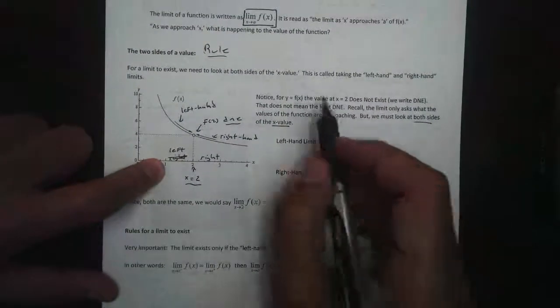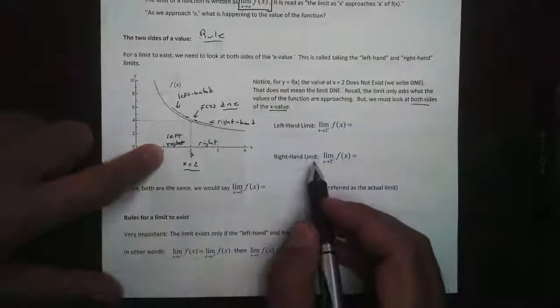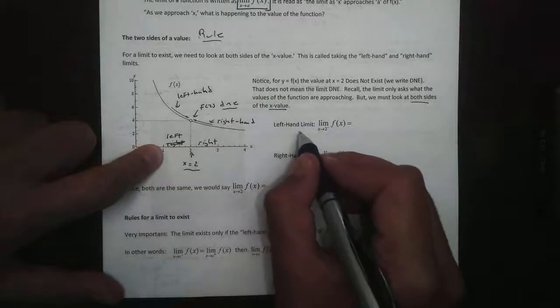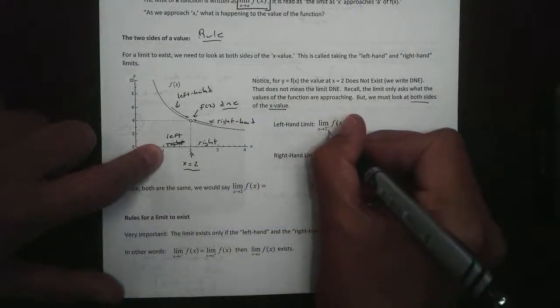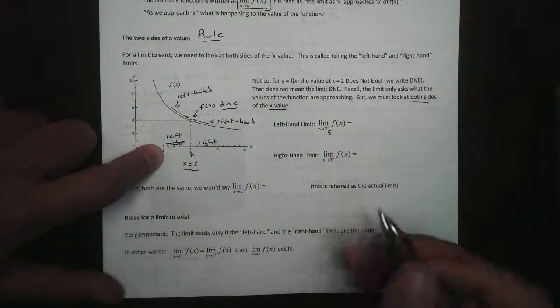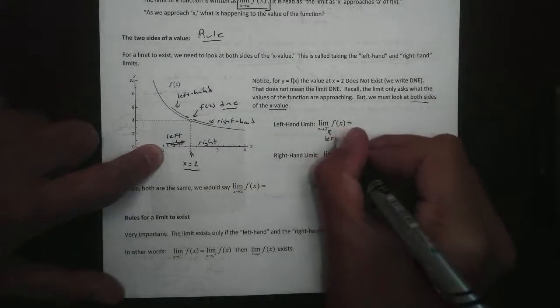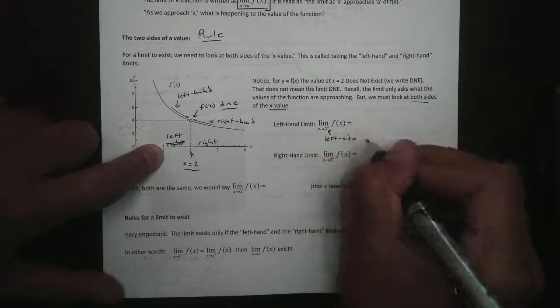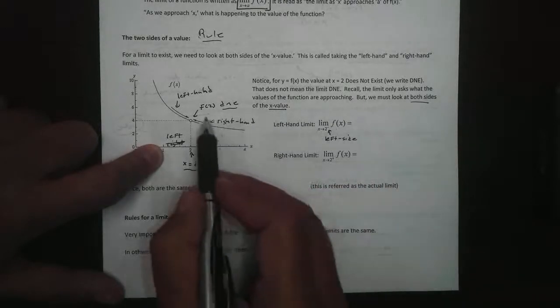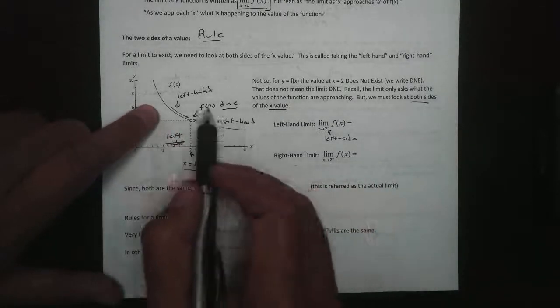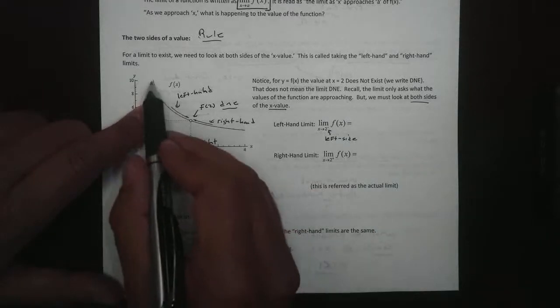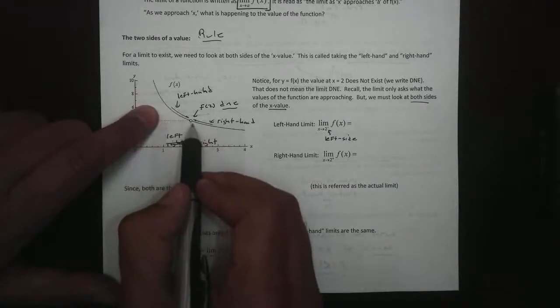Now, we talked earlier about the notation for the limit, but here what I want you to notice, when we talk about the left hand limit, we have this little negative sign superscripted above the 2 there. This is considered the left side. On the graph, that's telling me to look at only the left side as I head to x equals 2.